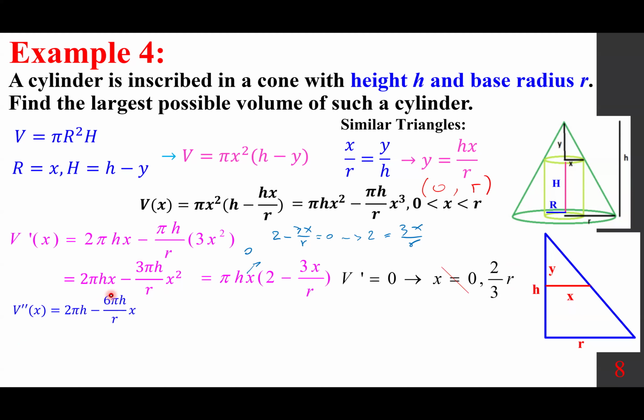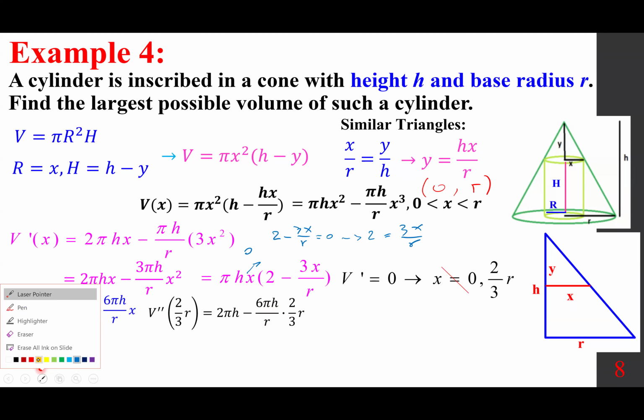This is the second derivative test. So you are going to replace the x with whatever you found here. We are going to replace it with 2/3 r. So we have 2 pi h minus 6 pi h over r times 2/3 r. Six times 2, 12 divided by 3 is 4.